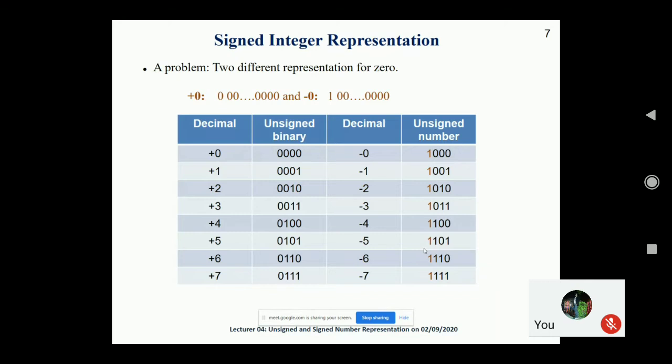But remember one thing, when we are talking about signed integers, there is a particular problem. See here, to define a representation for the zero number, plus 0 and minus 0 are mathematically the same. Yes or no? Yes, sir.